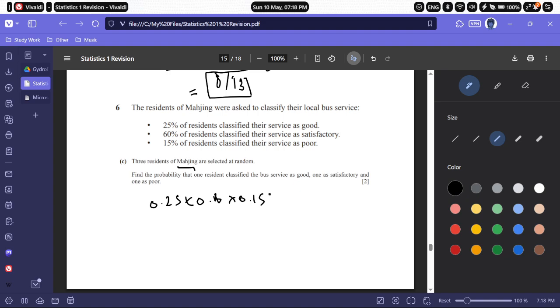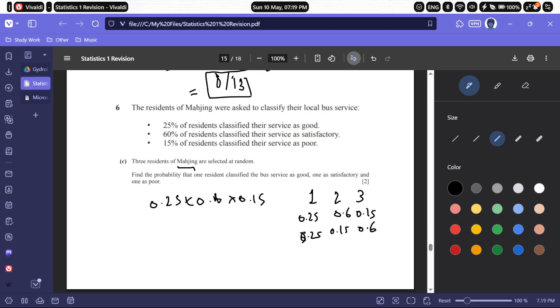But now here's the catch. This isn't the total probability, because keeping in mind that all the three residents are different, right? This is the first resident, this is the second, and this is the third. They could either classify it as 0.25, 0.6, 0.15, or it could be 0.25, 0.15, 0.6. That would be something different as well.